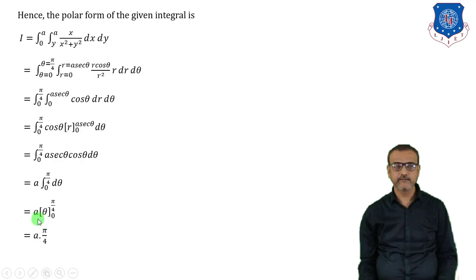Now this is equal to a, replacing theta by upper limit pi by 4, then after minus sign replacing theta by lower limit 0, so it will become pi by 4, and pi by 4 into a, the result is pi a by 4, and this is the answer of the given double integration.